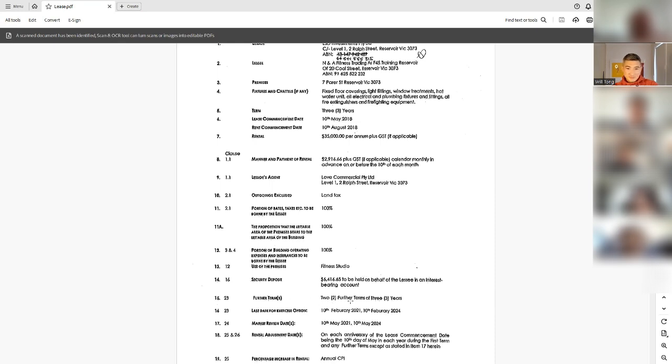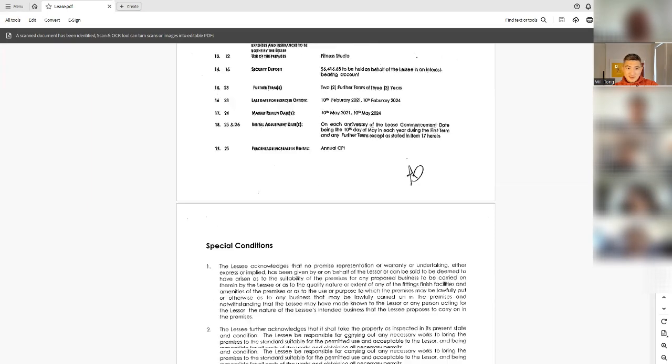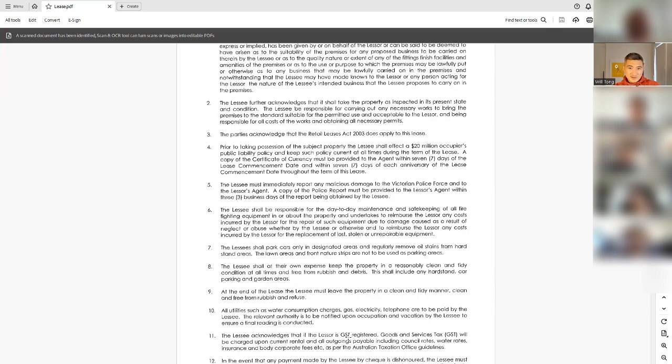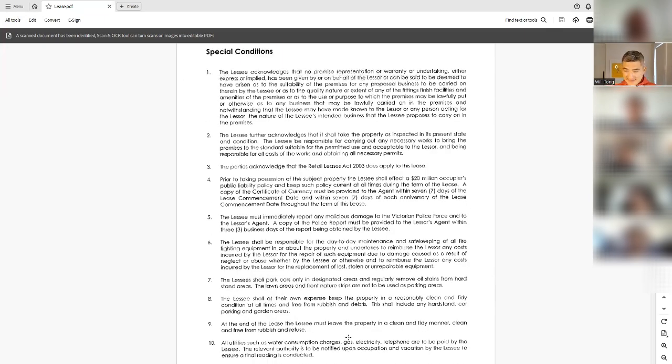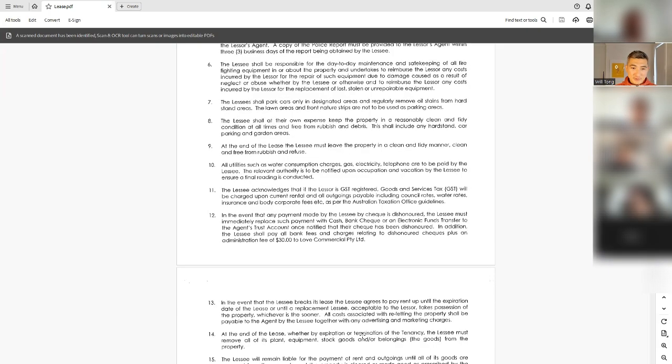So you need to factor it back into the calculation. Terms, okay, so got 2 further terms, and here are the trigger dates for the option. And here are the market review dates. Cool, we've checked it, excellent. So that ticks off. Special considerations, I would usually read in case there's something in there, but there's nothing out of the ordinary there.